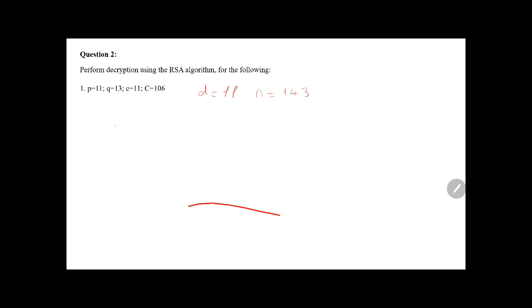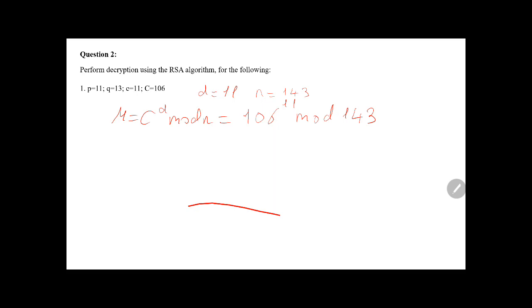Let's rewrite the equation to get the message. So M is equal to C power D modulus N. In our case here, it is 106 power D, and D here is 11, modulus N, which is 143.